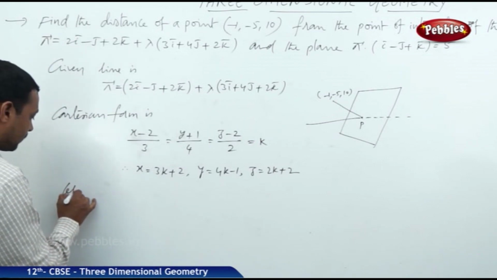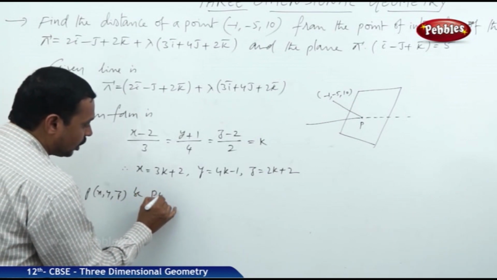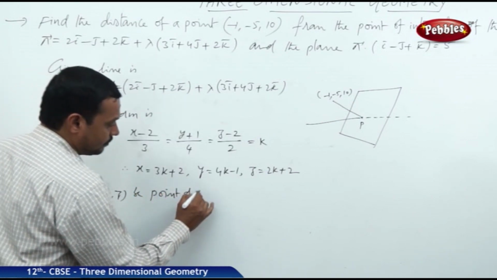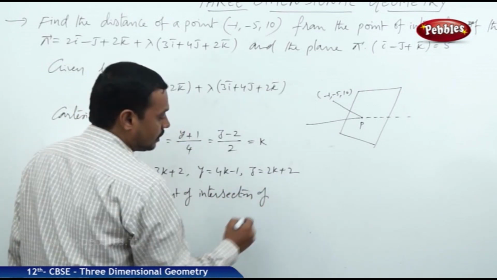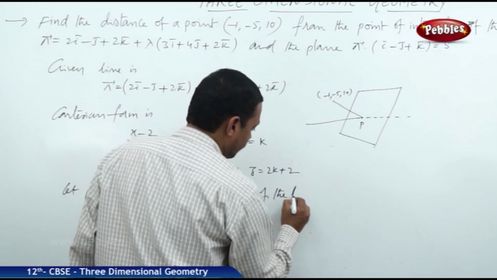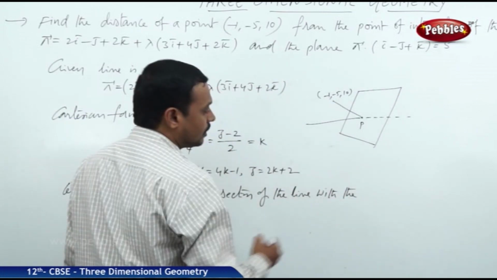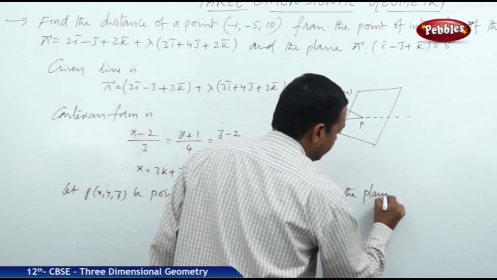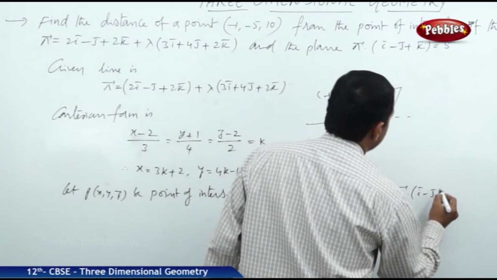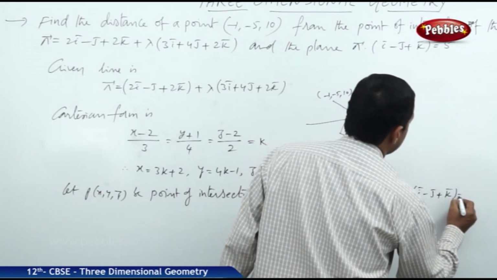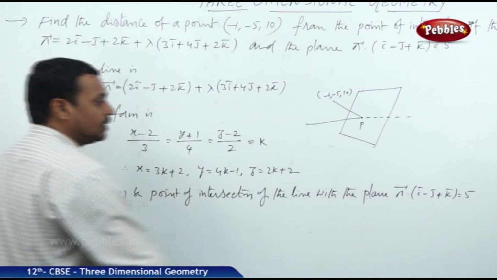Now, let P(x, y, z) be the point of intersection of the line with the plane r bar dot (i minus j plus k) is equal to 5. Now, we can substitute this point in the plane.